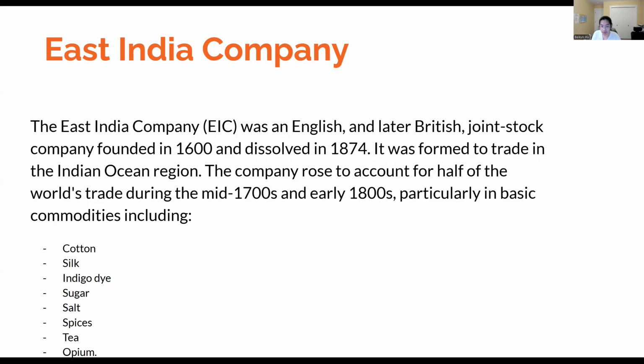The company also initiated the beginnings of the British Empire in India, and they eventually came to rule large parts of India, exercising military power and assuming administrative functions. So essentially, basically a takeover. The company ruled areas in India that gradually expanded after the Battle of Plassey in 1757 until 1858.